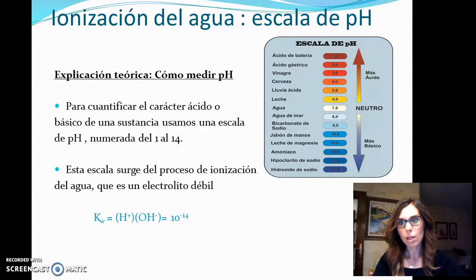We can see here, for example, water has pH 7, but ammonia has an alkaline pH, and beer, for example, has an acid pH.